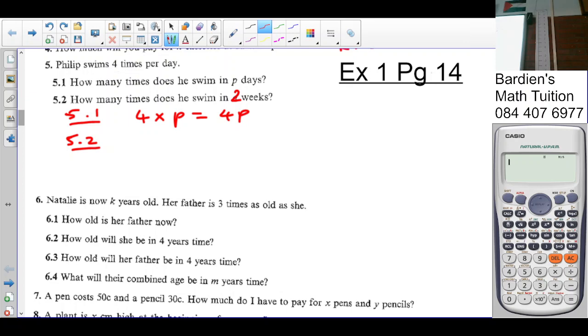She's on the right track. Isn't it 4 times 14? 4 times 14. She's right.